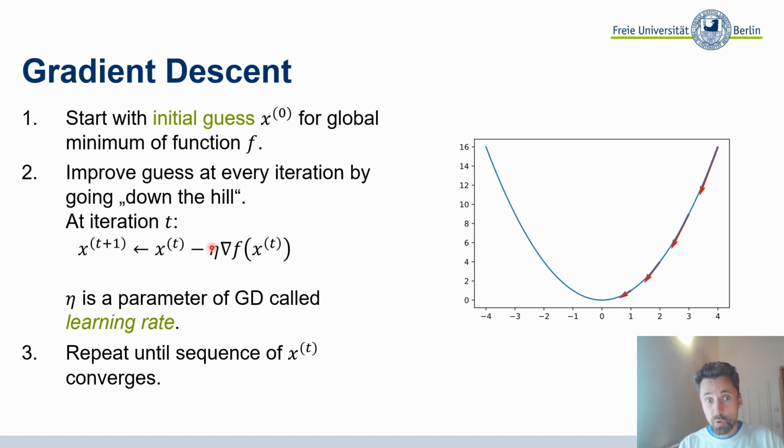So for minimization purposes, we usually go in the other direction, which is the direction of the steepest descent. So that's why it's called gradient descent. We use the gradient to descend this landscape here, and we use a parameter here, nu, or other lambdas I've seen, or gammas, as a learning rate.